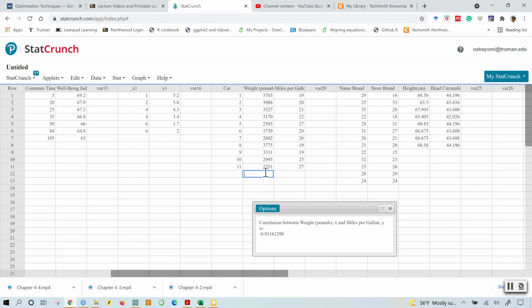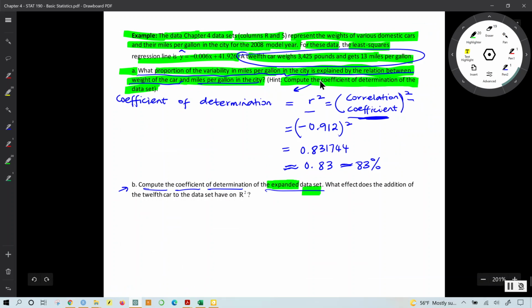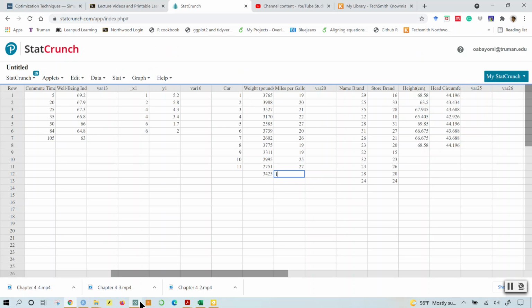So I'm going to go here and put 3425. Then I'll move here. And then right here, for miles per gallon, I want 13 miles per gallon. So I want 13, and then drop that down.